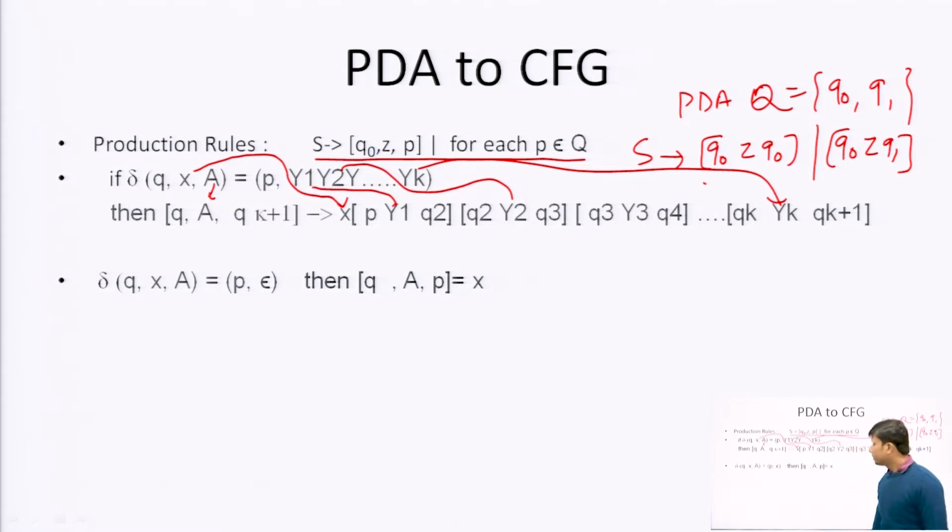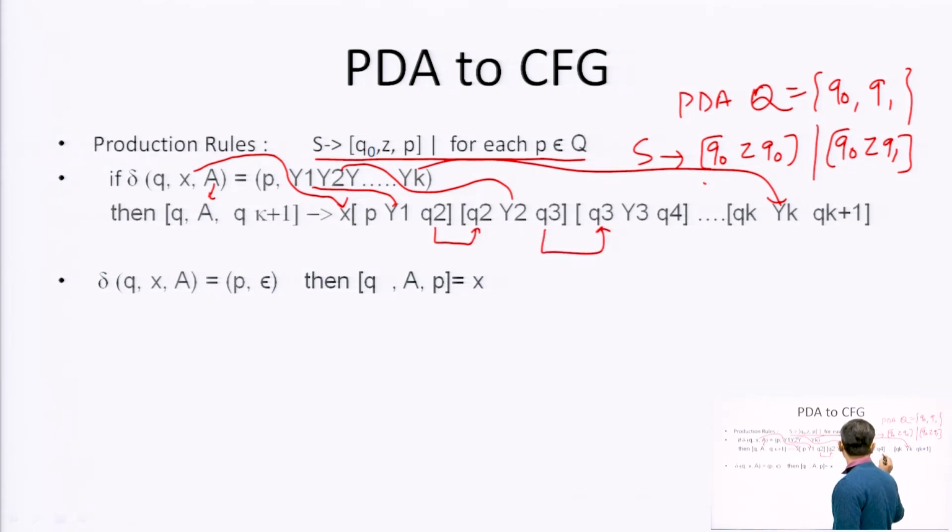So all the symbols: Q, A, Q_{k+1} is a single variable, then X is a terminal symbol, then we have variables [Q2, Y1, Q2], [Q2, Y2, Q3], where these two should be the same.